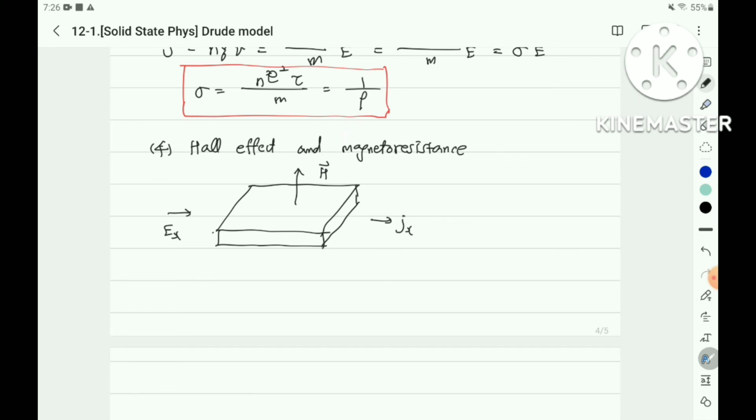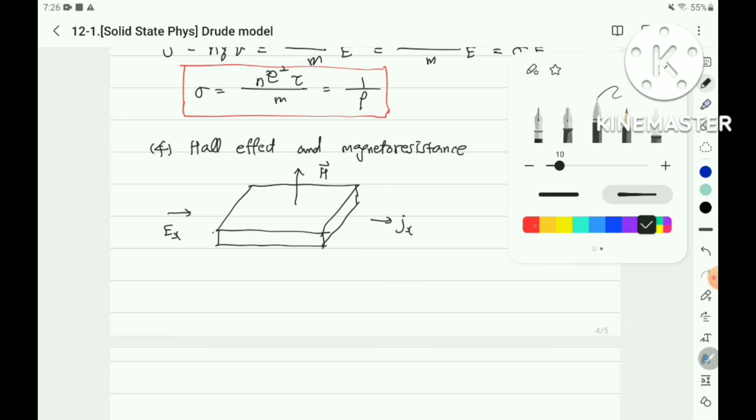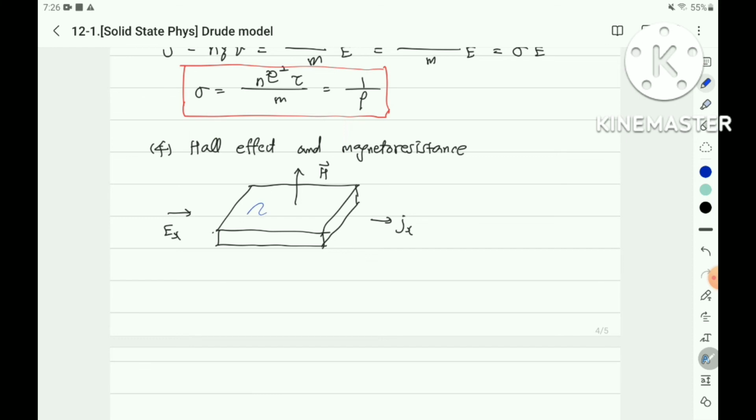Then from the Lorentz force, the electron is deflected in this direction. Therefore, electrons accumulate on this side.